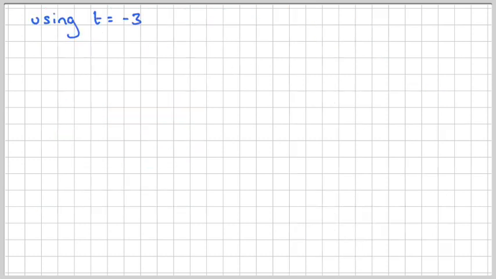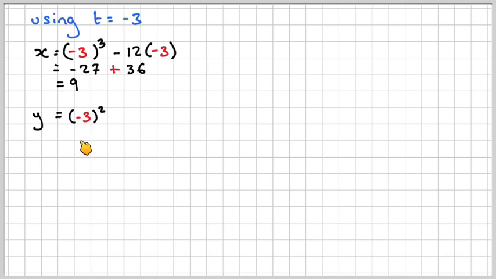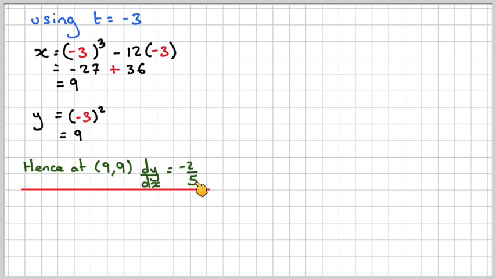Using t equal to minus 3, x is t cubed minus 12t, so it's minus 3 all cubed minus 12 times minus 3. Minus 3 cubed is minus 27, and minus 12 times minus 3 is plus 36, so x is equal to 9. That's looking good. And then y will be minus 3 squared, which gives 9. So the point is (9, 9), and the gradient is minus 2/5, as shown.